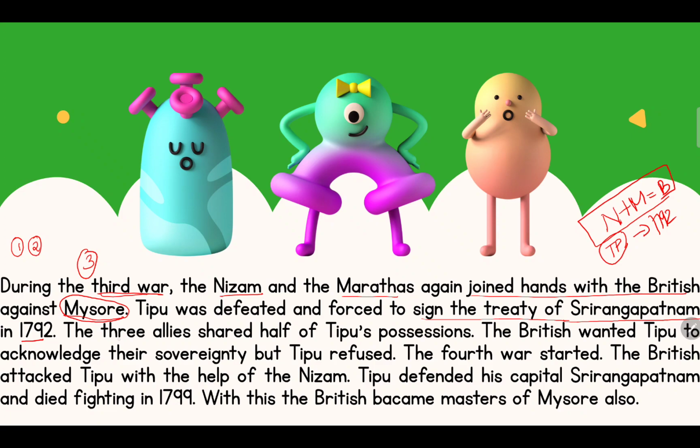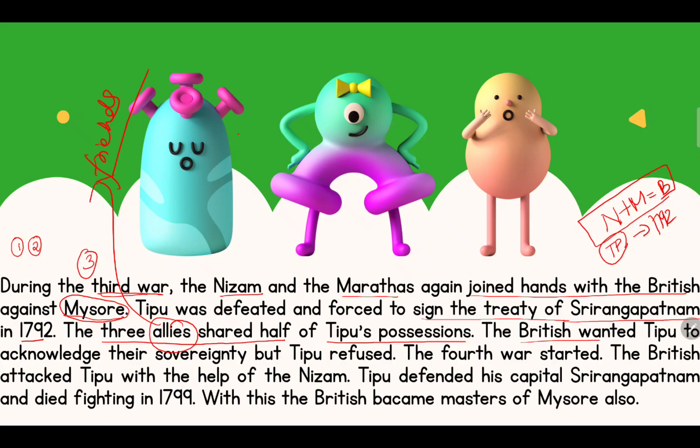The three allies shared half of Tipu's possession. Three allies means friends: Nizam, Marathas, and the British shared half of Tipu's possession.